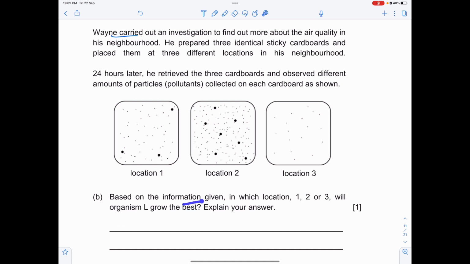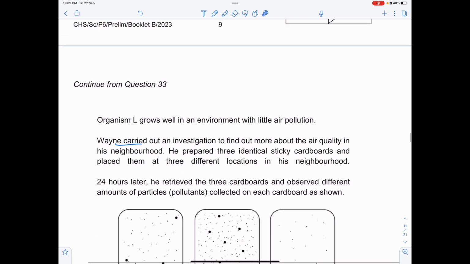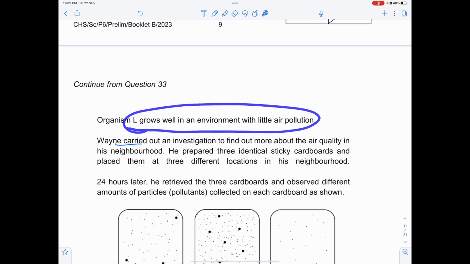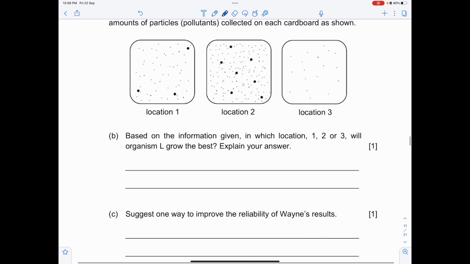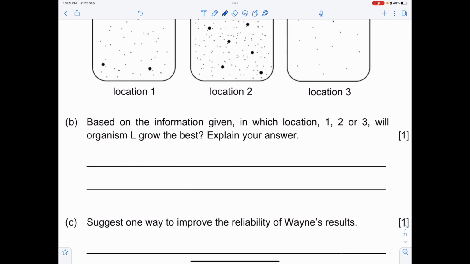Based on the information given, at which location 1, 2 or 3 will organism L grow the best? So you take a look. It says here organism L grows well with little air pollution. So once again, this is a CER question. C: location 3.